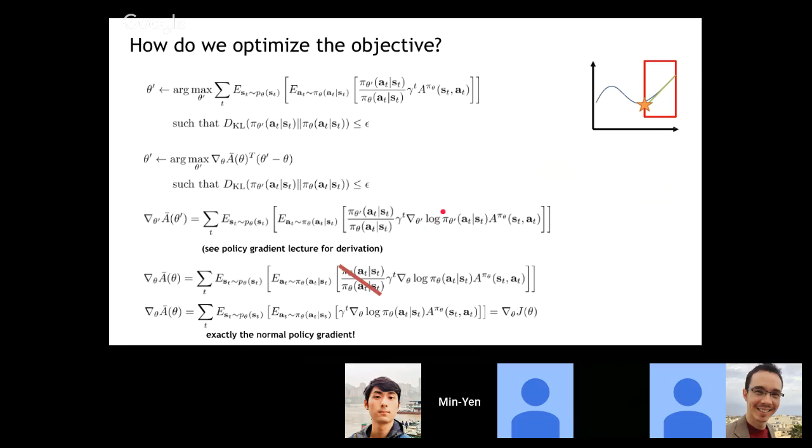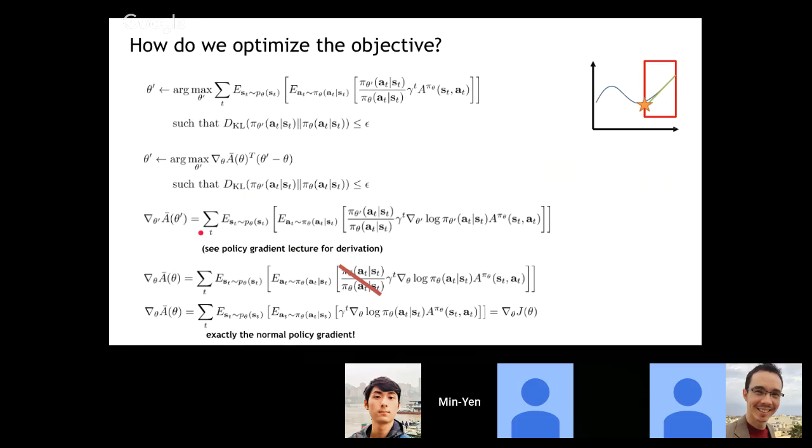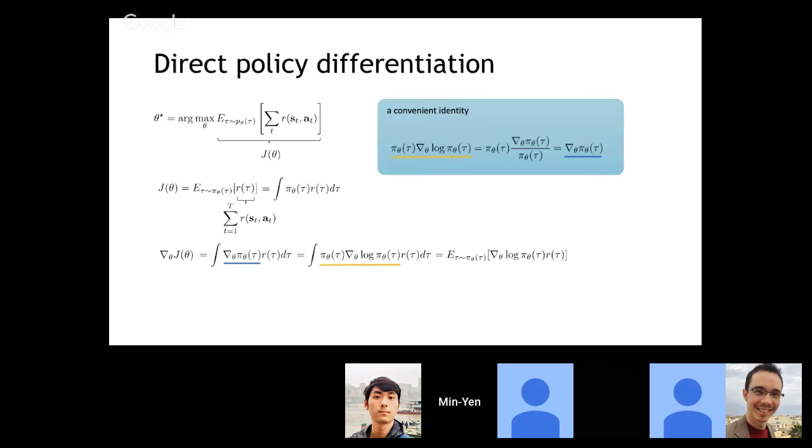So what we do is we substitute this; this comes from our policy gradient lecture derivation. We have to take a gradient on our objective. We did the same thing in the policy gradient. I put a slide from the previous lecture. So we use this identity.